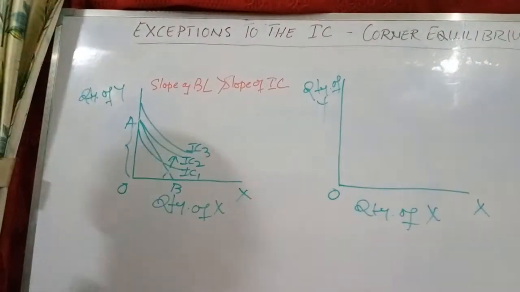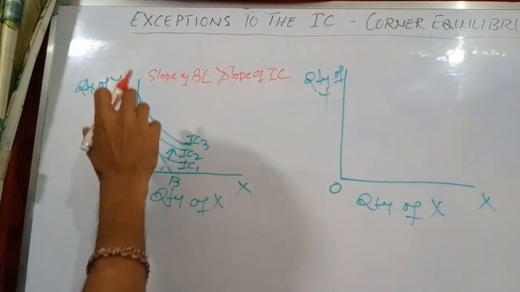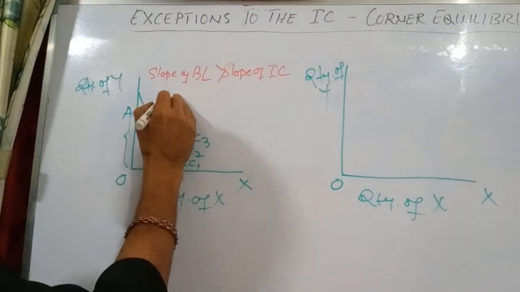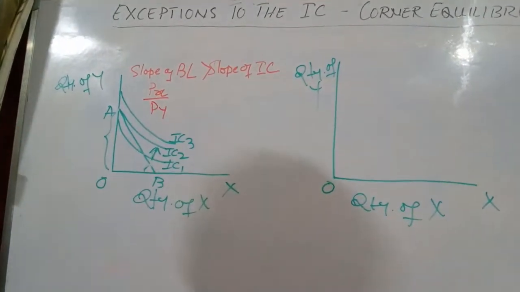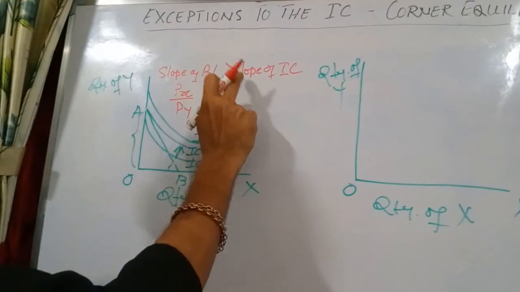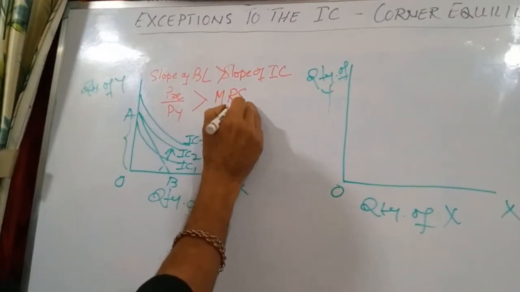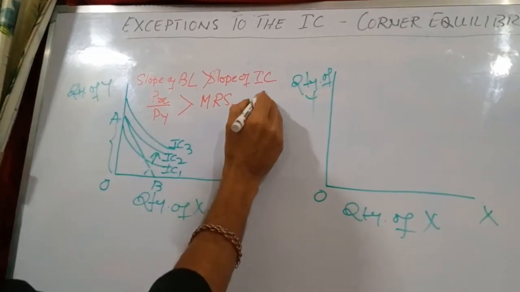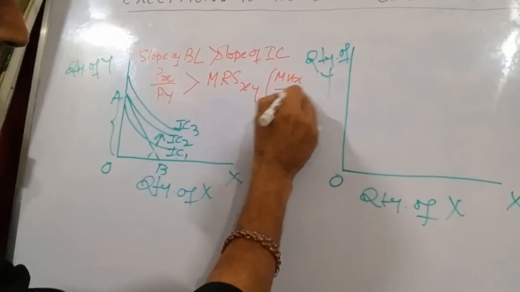Slope of BL is more than slope of IC. Now what is the slope of BL? That is PX divided by PY. So this is more than slope of IC, that is MRS XY, which is MUX by MUY.